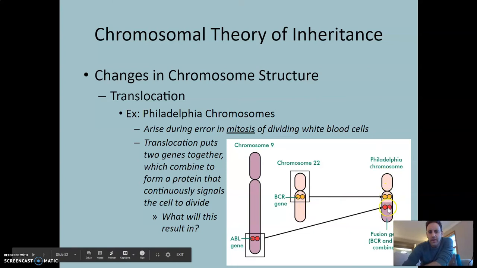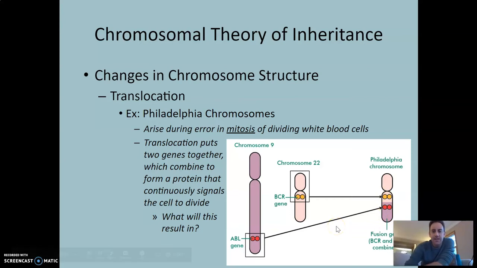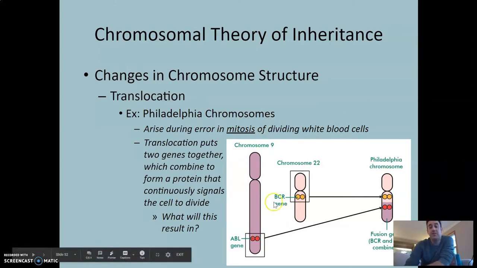And when these two genes are put together, they actually make this novel protein that signals cells to continually divide. And if you are continually dividing, what is that going to cause? That's right, cancer, specifically leukemia in the white blood cells. So one form of leukemia is caused by this genetic mutation, this mistake during mitosis of the dividing white blood cells that creates this kind of unique novel chromosome.